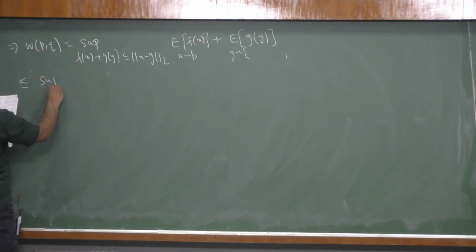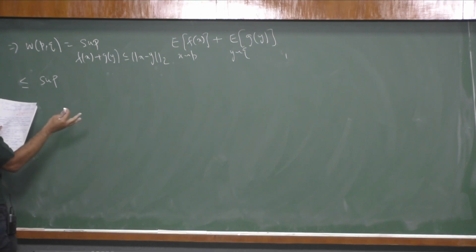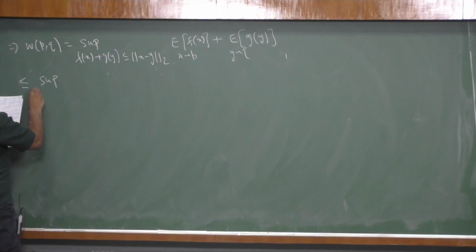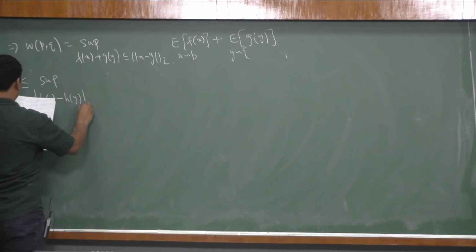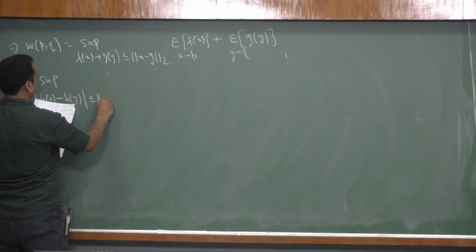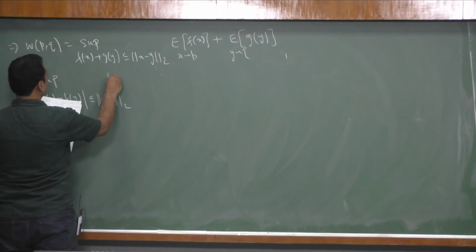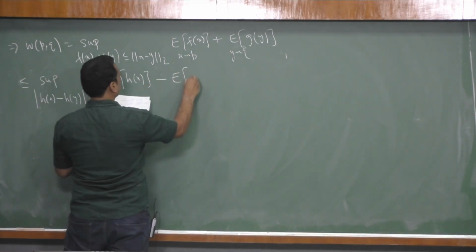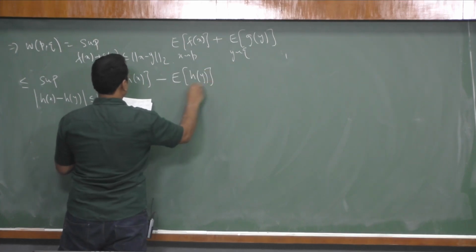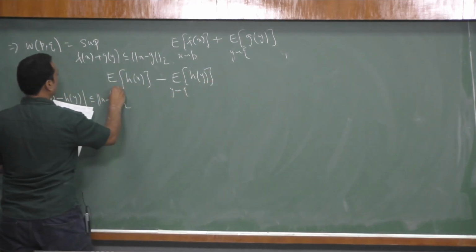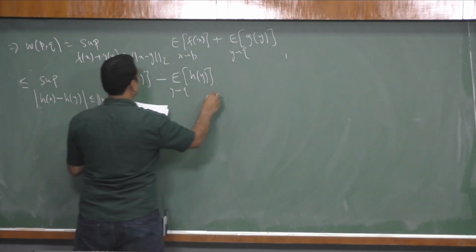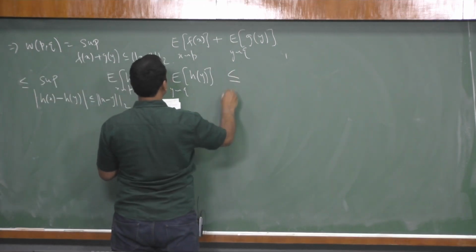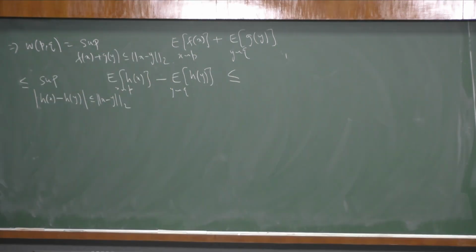So this is the supremum of, and I can replace k by h also, just for the usual notation. So this is less than or equal to norm x minus y, expectation of hx minus expectation of hy.